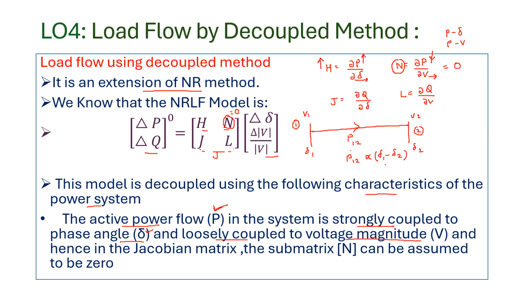It is direct: if there is a small change in the phase angle, there will be a substantial change in the active power flow. But if there is a change in the voltage, V1 minus V2 being the potential difference, the active power flow will not change much. So it is called loosely coupled. Because of this characteristic, we can assume the N submatrices to be 0.